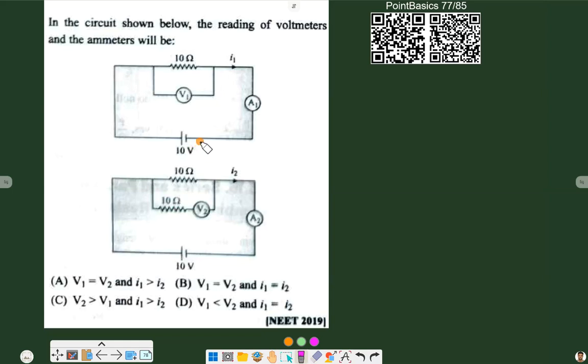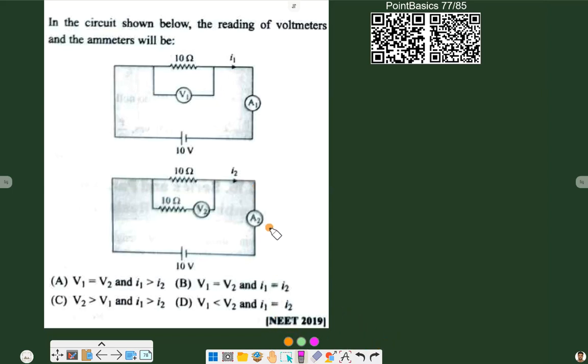In the first one, the voltmeter is connected across a 10 ohm resistance, and in the second one, voltmeter V2 is connected across a 10 ohm resistance but with an additional 10 ohm resistance. Here we have only the resistance of a voltmeter, and here we have an additional 10 ohm resistance, and now we have currents I1, I2 and ammeters A1, A2.